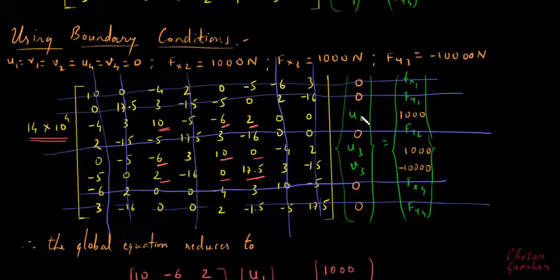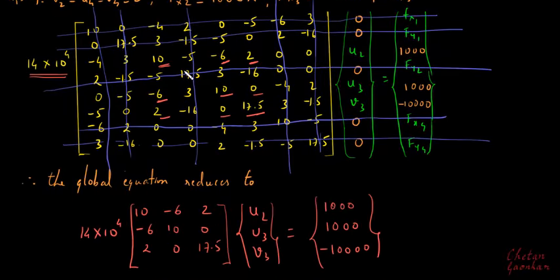For example, here, when the displacements were specified at some node, we cannot specify the forces at that node. And if the displacements are not specified at some node, we can very well specify the forces at that node. This is one point we need to understand while solving problems using the finite element method.